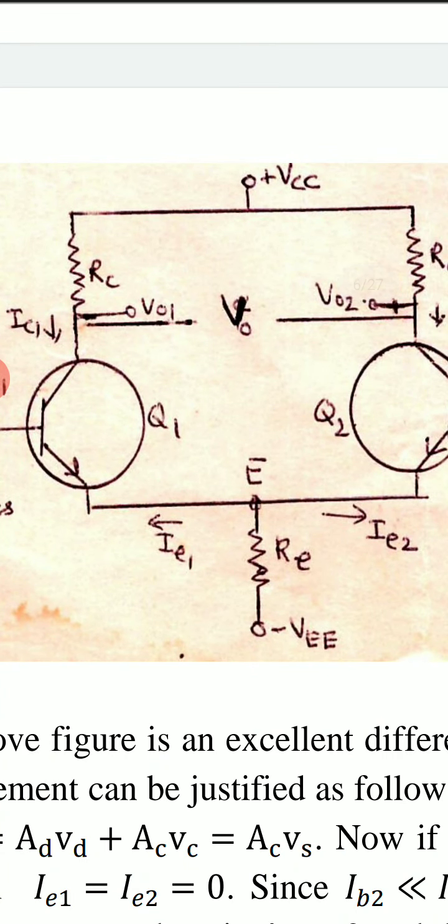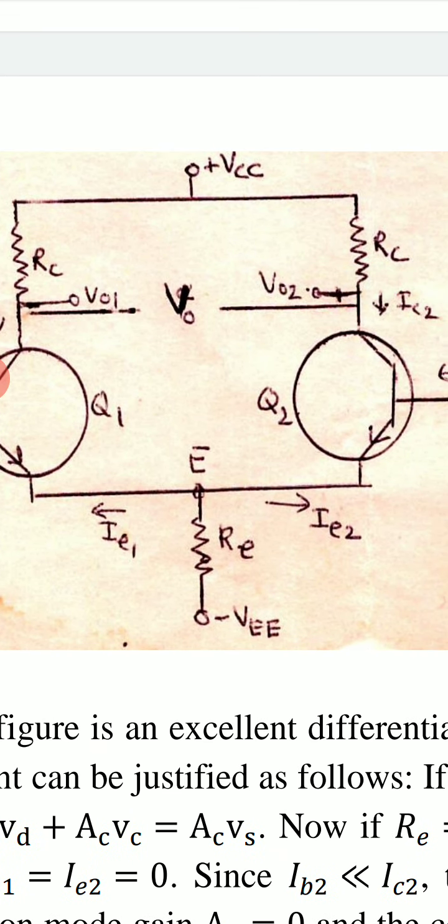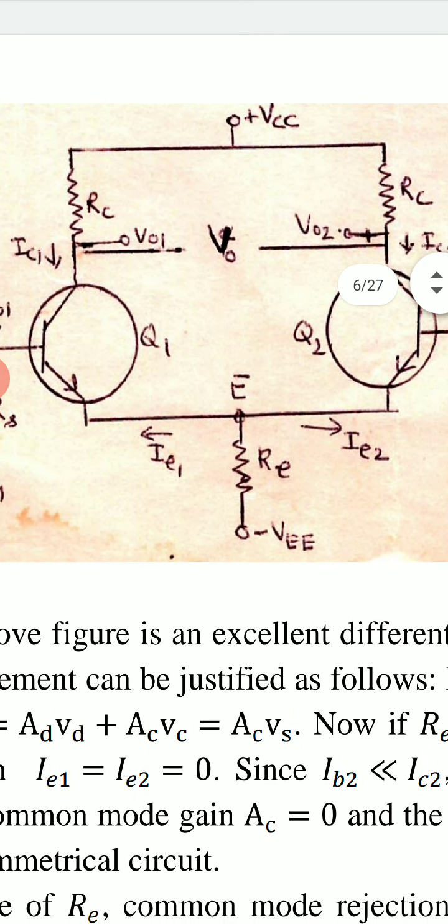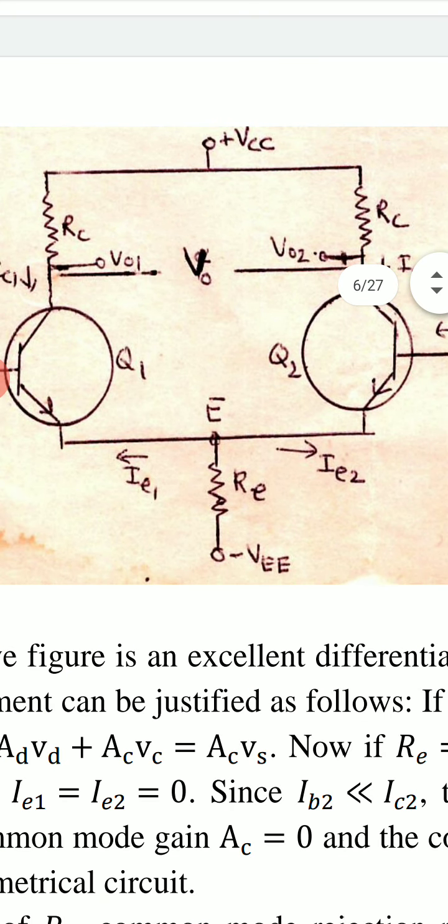IE1 is the current flowing through the emitter of the first transistor Q1, and IE2 is the emitter current of the second transistor Q2. If Re is very large, if Re is equal to infinity, then these two emitter currents IE1 and IE2 become 0. No current flows through the emitter of each transistor, as the emitter resistance Re is infinity.